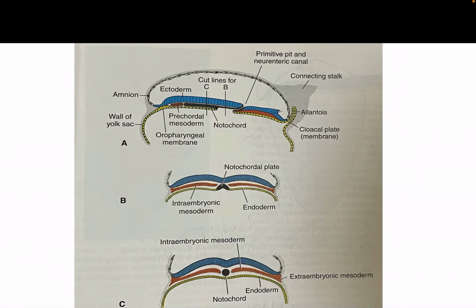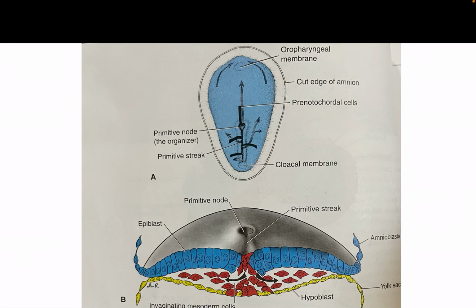Next is the intermediate mesoderm, then the lateral plate mesoderm, then the primordial germ cells, and last, the extraembryonic mesoderm.